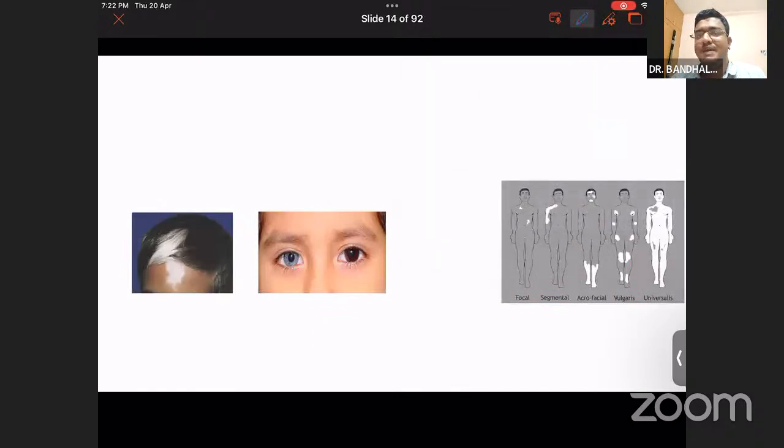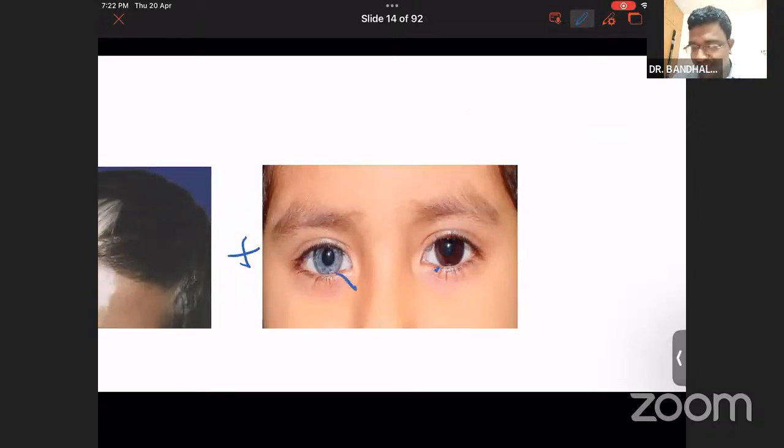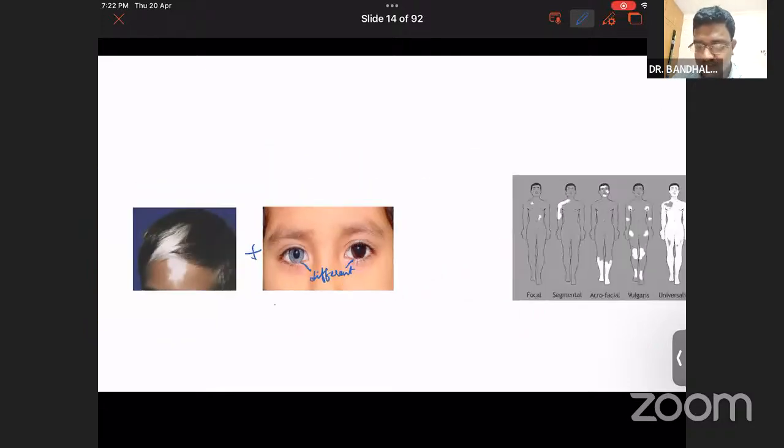One important thing in piebaldism you should know, if the patient has piebaldism, along with the image you can make out, the color of the iris is different, right? Which is also known as heterochromia iridis.